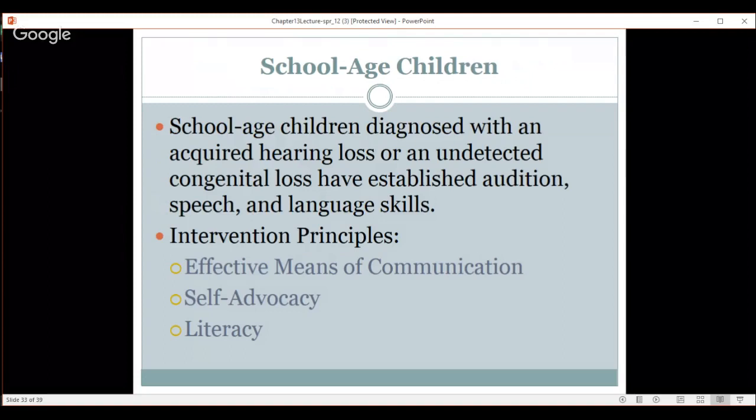The importance of literacy for children with hearing loss goes well beyond access. Reading provides children with an alternative avenue to improving language. Obviously, you don't have to hear to be able to read. So vocabulary, spelling, and other academic skills can be developed through reading.